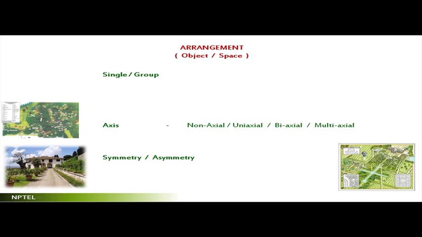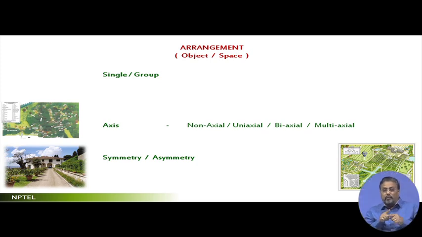If there is no definite axis, basically you are guided by one particular straight line, not curvilinear. Curvilinear is also a line, but a straight line. If you find that in the whole landscape there is one very definite straight line, then that becomes the axis. Now, there may be a landscape in which you do not find such straight lines, so it becomes non-axial. That means you do not really have an axis.